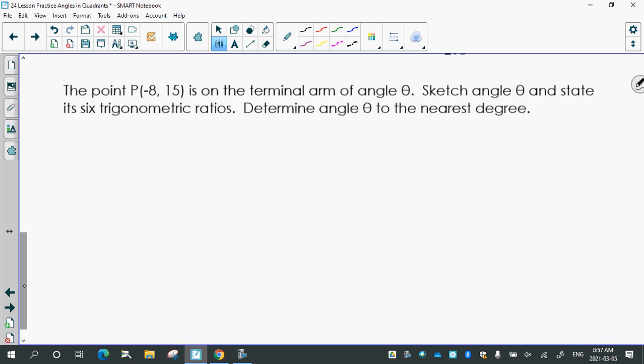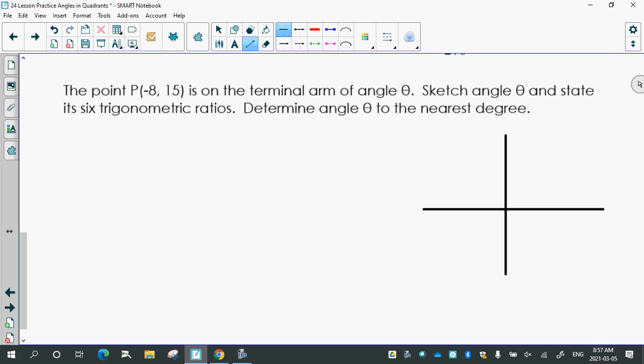So you start off with your x and y axis. Label. And then you look at the point and you figure out which quadrant that point would be in. 2, because it's a negative 8. I was plotting negative 8, positive 15.